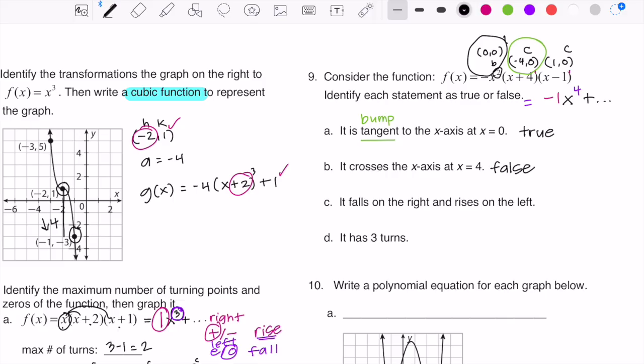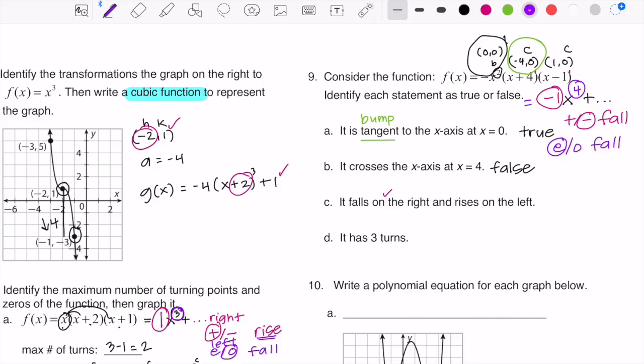This one says it falls to the right and rises on the left. So let's do this plus minus. It's negative, so it is going to fall to the right. So that's correct. And then we have to do even odd to see what it's doing to the left. And so because this is even, it's going to have the same end behavior.